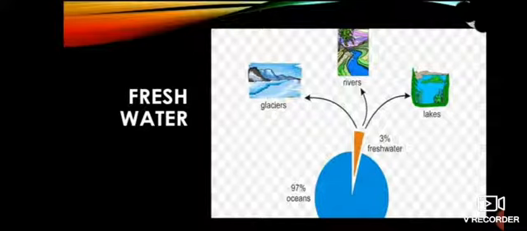Hence it is called fresh water. The major part of fresh water is found in the frozen state in the form of ice caps and glaciers in the northern hemisphere and southern hemisphere. Around 1% is found in the liquid state as river, stream, lake, pond, etc.